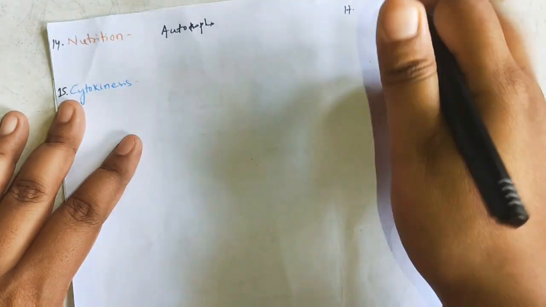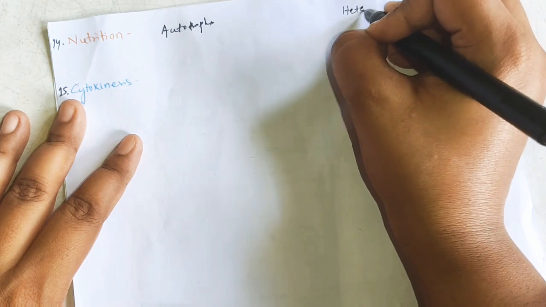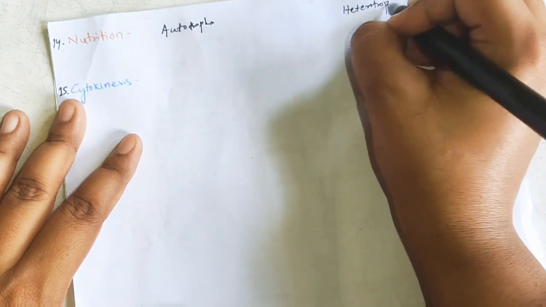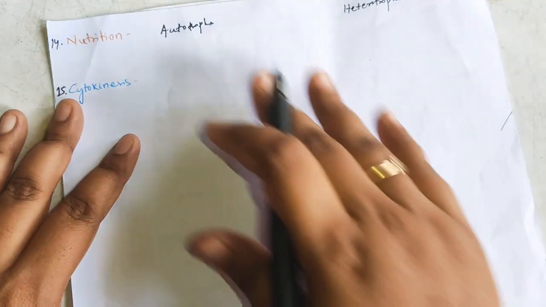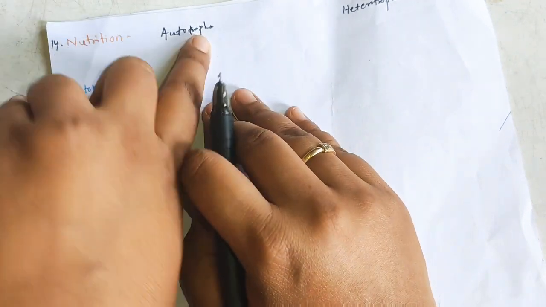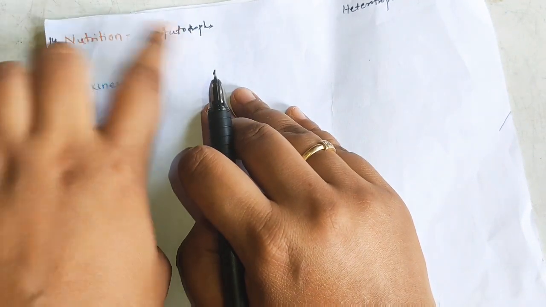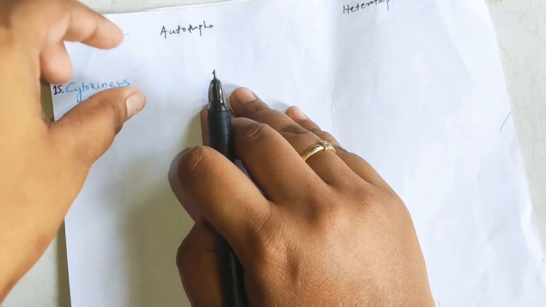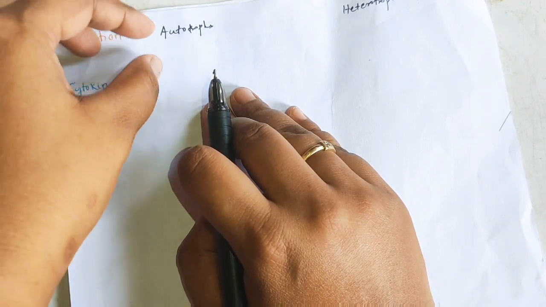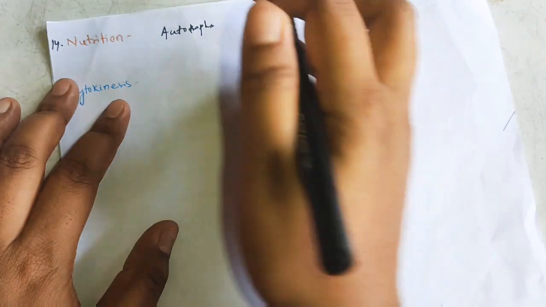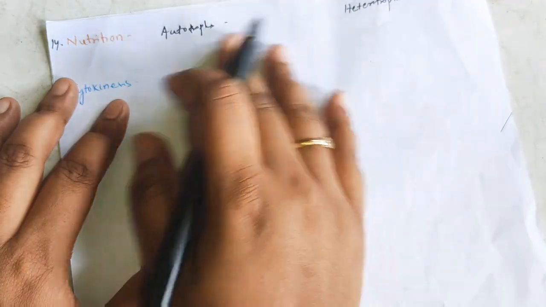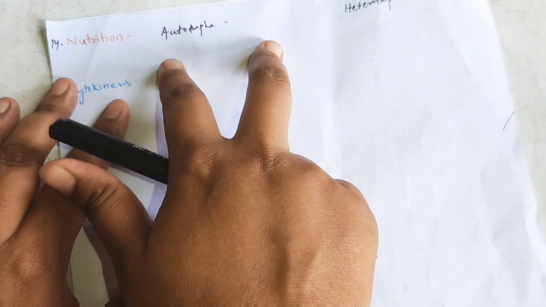So they are known as heterotrophs. Why is the nutrition autotrophic? Because in a plant cell they can make their own food. While you are attending an exam, try to write the whole sentence.